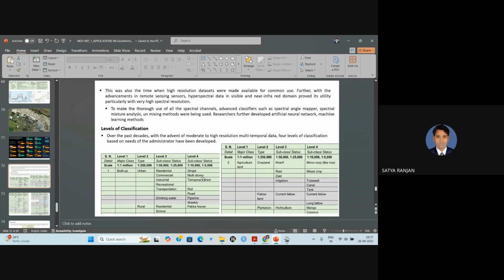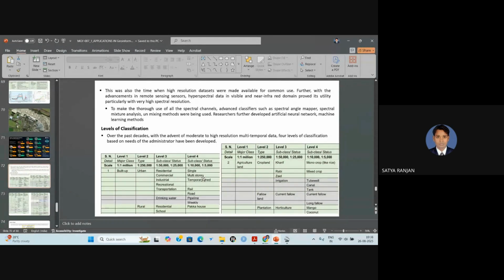So we cannot identify single storey, multi storey in the 1 is to 50,000 scale or in the 30-meter resolution data. That's why for the overall classification, we can use different satellite images. So for high resolution, we can classify up to level 4, and for low resolution, we can classify up to level 2.